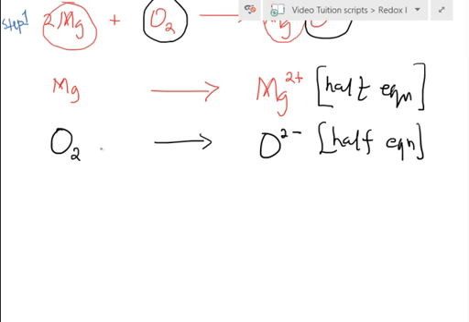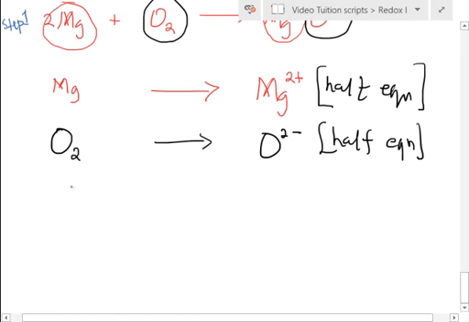If they are not balanced, then we will balance them. Otherwise, we leave them. Okay, so let's take the side of magnesium. Of course, we've seen our half equations now, and we are happy. So let's take the side of magnesium, Mg to Mg2+. So this is the next step. I call this one step 2.